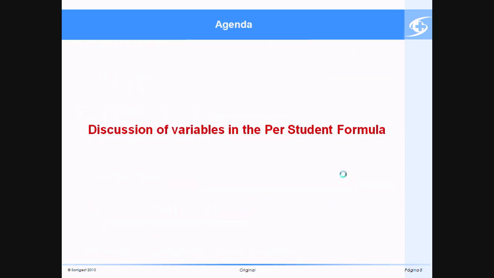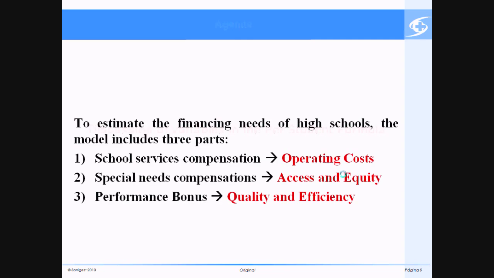To estimate the financing needs of high schools, the model includes 3 parts. 1, the cost of school services. In other words, what does it cost a school to deliver school services, teaching and non-teaching services to students? 2, what additional compensations we might need to give to a school depending on the characteristics of the students it takes in.